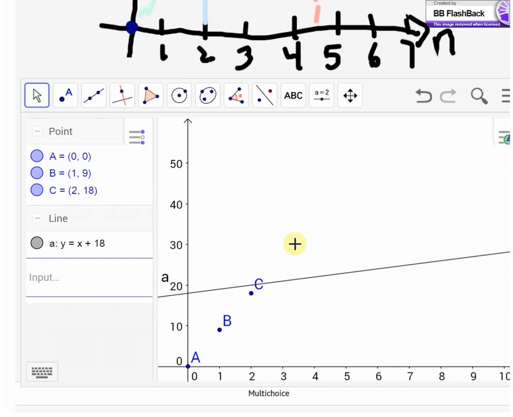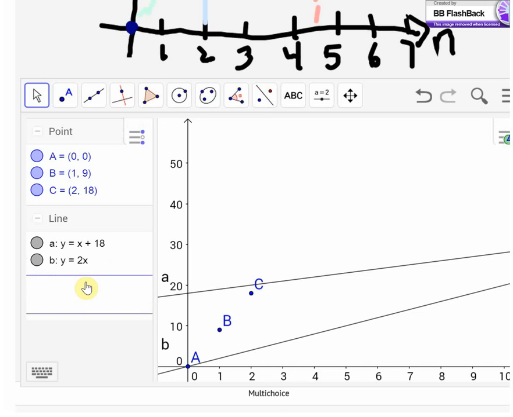Okay, so that wasn't working, that wasn't going through the points. We need it to come through the point at 0, 0. Maybe y equals 2x. Okay, that went through one point, not quite all the points. So I want to leave you with the GeoGebra graph here, and graph the rest of the points, and see if you can find the equation that goes through the points.